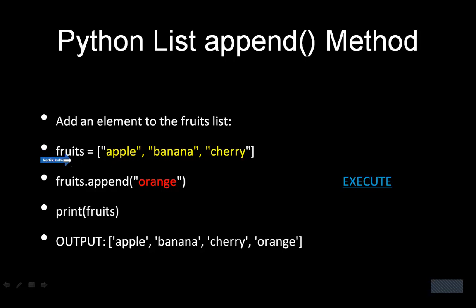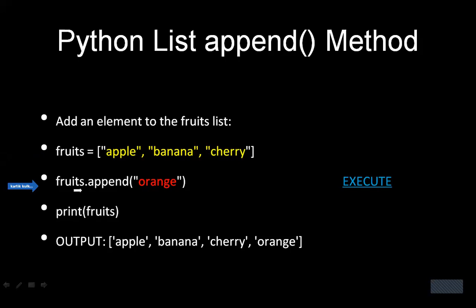Let me clearly illustrate it once again. List name equal to, and in the square brackets we specify item 1 comma item 2 and so on up to item n. That is the syntax for writing the list. Now, how to append? What is the syntax for the append method?